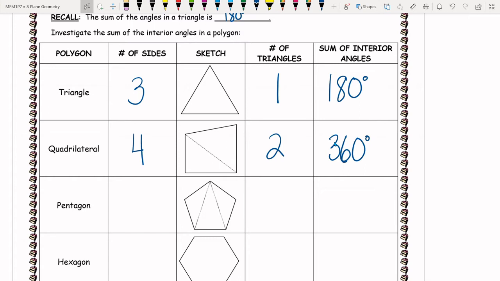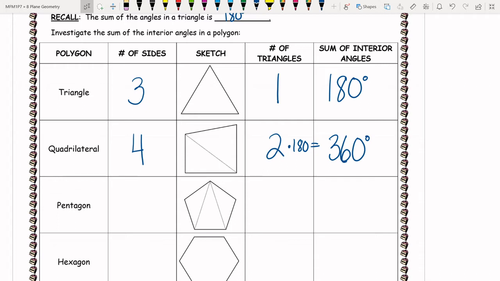You should be able to see why that makes sense here, because one triangle is 180 degrees, so if we have 2 triangles, then we have 2 times 180, which gives us 360.